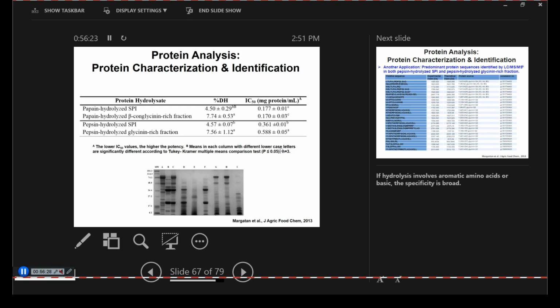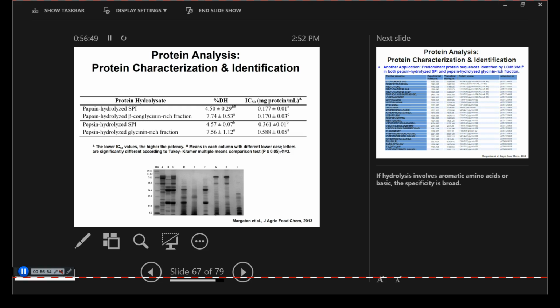So the smaller the number, the better is the potency of inhibition. Okay? You would need less to reach 50% inhibition. So we found out, like literature, is the hydrolysis of beta-conglycinin gives us more potency in hypertension inhibition than hydrolyzing glycinin.